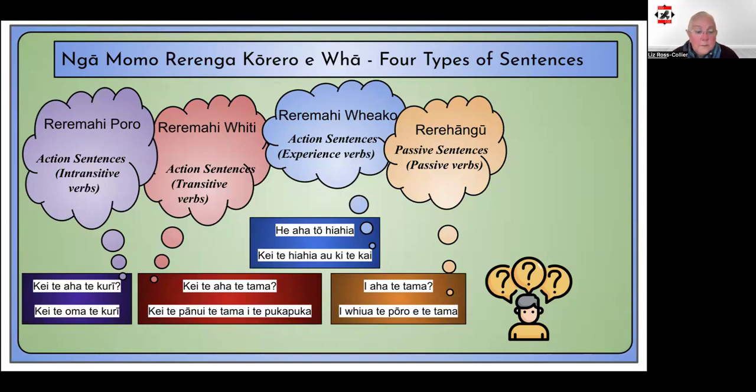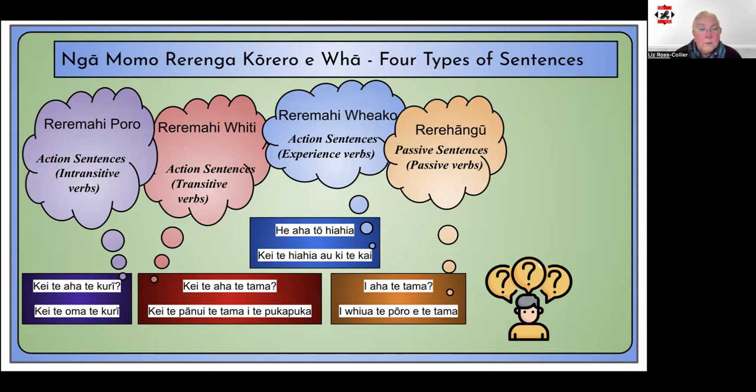Here are the 4 types of Rerenga kōrero that we've talked about so far. 3 types of reremahi and rerehanga. They all have their own different rules and sentence structures, and the main thing that sets them apart is the type of verb or action word that they use.